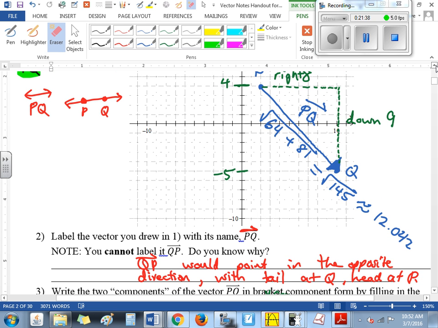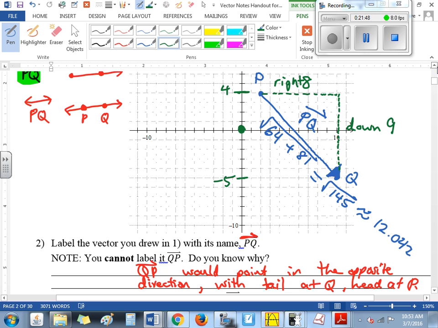So that's kind of where you put point P. And then since it's right 8 down 9, we'll just find the point 8, negative 9.